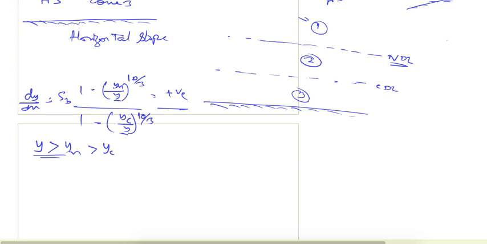In the denominator also, y is greater than yc, so this will again be a fraction, and 1 minus something smaller than 1 is also positive. And the bed slope we are considering as positive, because in the formula itself we have given a negative sign to the bed slope when we were deriving it. So from here, dy by dx comes out to be positive in zone 1.